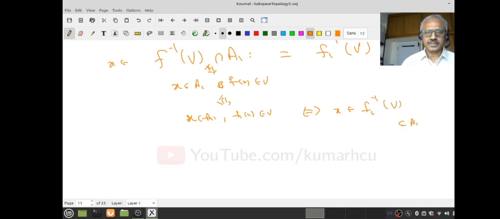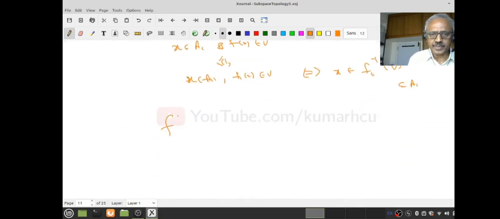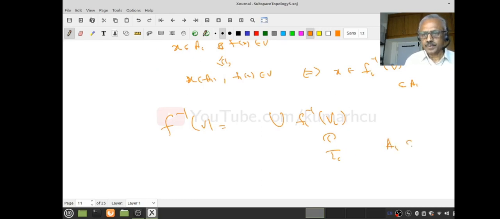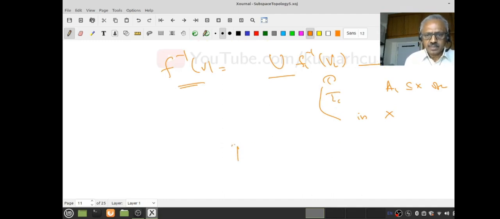So I proved that. Therefore my f inverse of V is the union of f_i inverse of V. These are all open in tau_i, but the A_i are open, and this is open in A_i. Therefore it follows this is open in X, and f inverse of V is a union of open sets. Therefore it's open. I have completed the proof. Go through it, pause it.